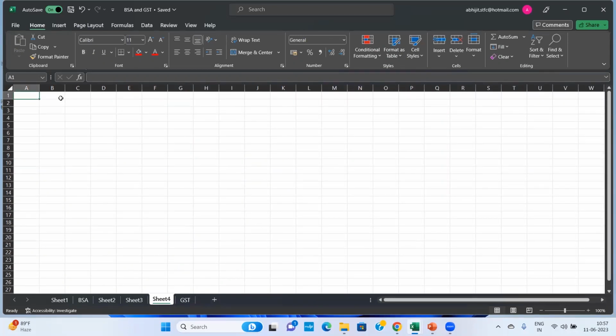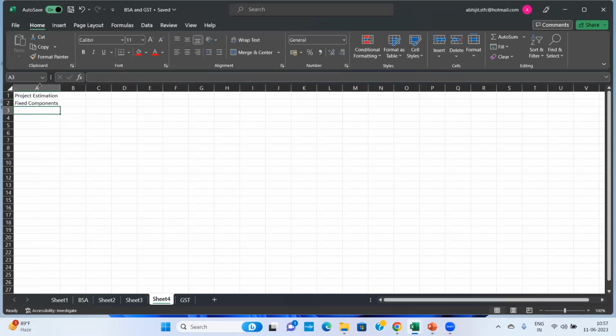Let's discuss this. So suppose I am doing project estimation, right? So what are the fixed components? Say I am putting up a factory. The first one is land, right? Second one is construction cost for building and shed.